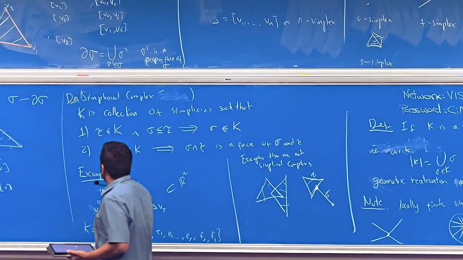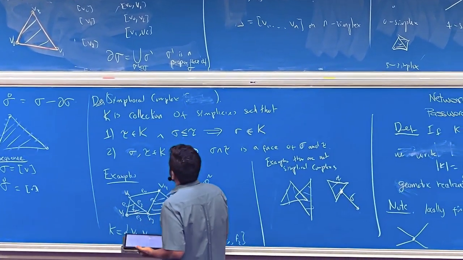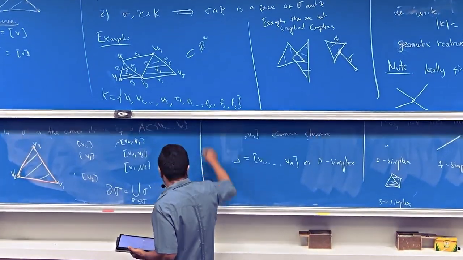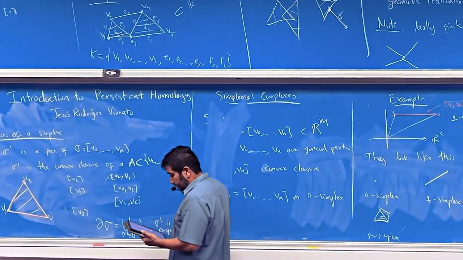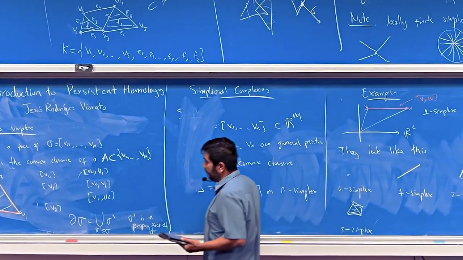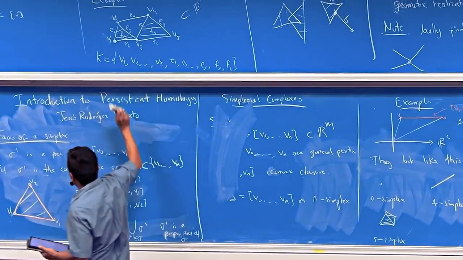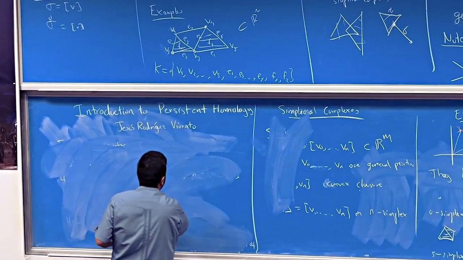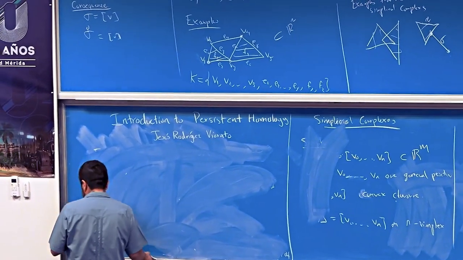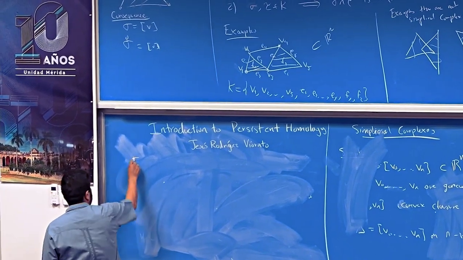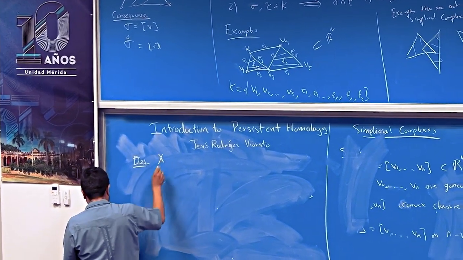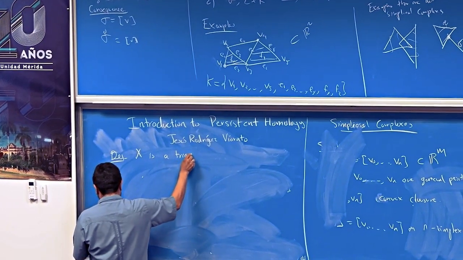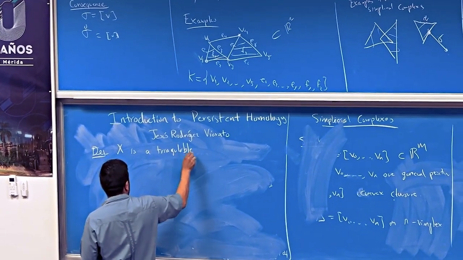And one thing about geometric realizations is that, if we have any such space X, we say that X is a triangulable space.